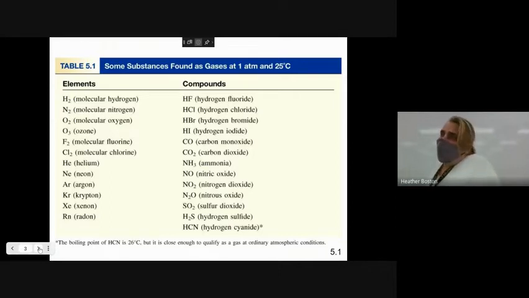Now remember when we learned about acids, we called those hydrofluoric, hydrochloric, hydrobromic, and hydroiodic. Do you remember learning how to name those? Those are naming them as acids, but here we did not name them as acids. Does anybody remember what it means to be an acid?